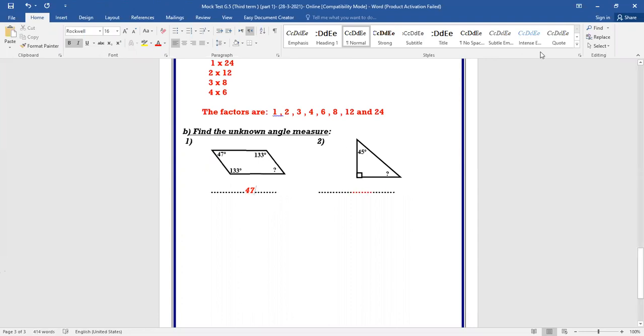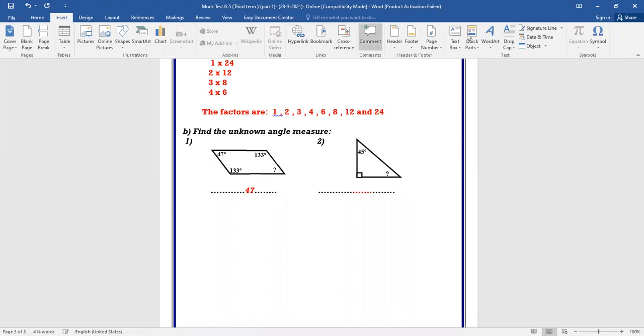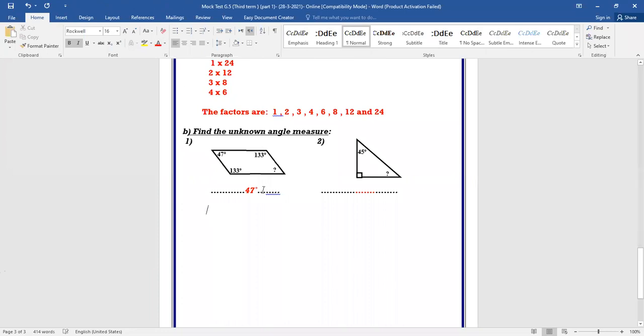And also, we can use this idea. We can subtract 360 minus the sum of the given angles, 133 plus 133 plus 47.